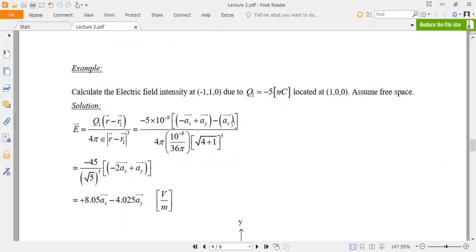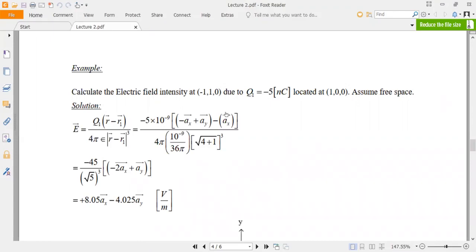So that's why it is just AX. This is my distance vector, divided by 4 pi epsilon times mod of (R minus R1) cubed. If you simplify this, it is 8.05 AX minus 4.05 AY volts per meter.